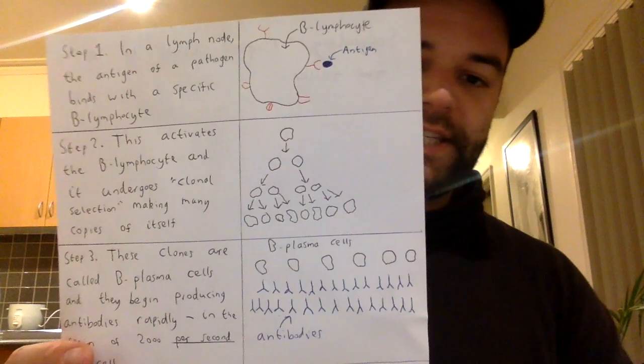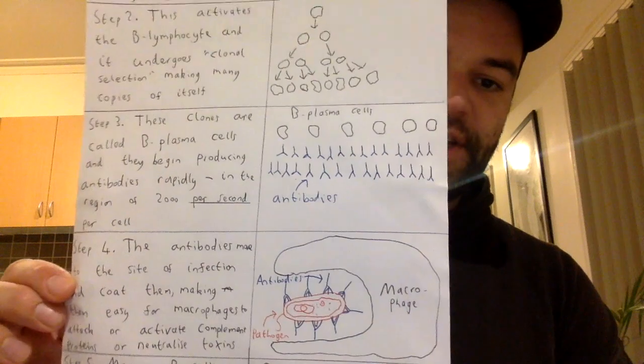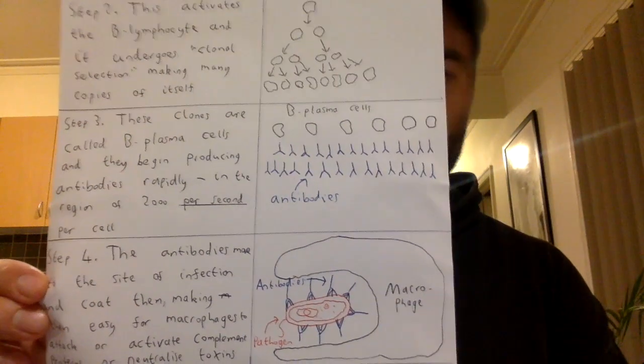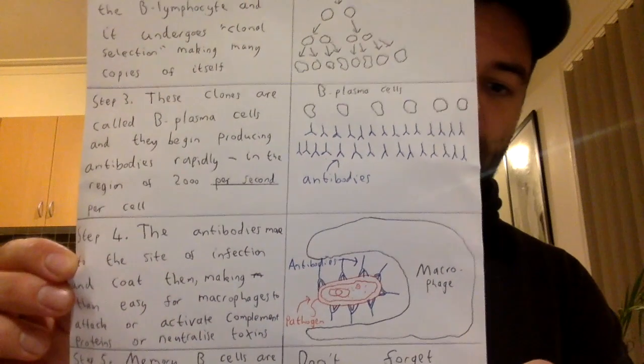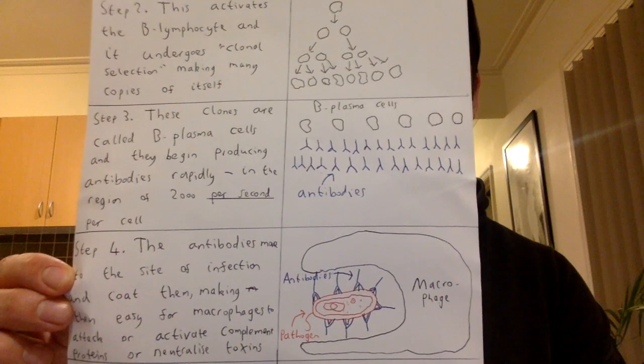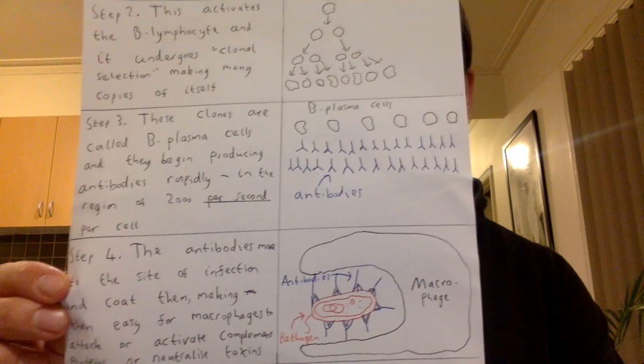So these antibodies are produced, and then they move through the blood to the site of infection, and then they coat the pathogen causing infection. When they coat it, that stops it being able to move, which makes it very easy for the macrophages and neutrophils to digest it using phagocytosis.